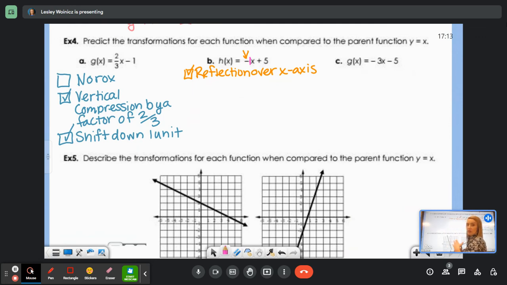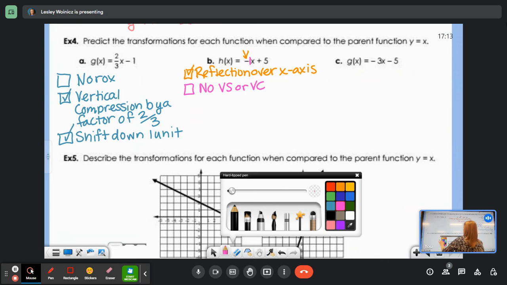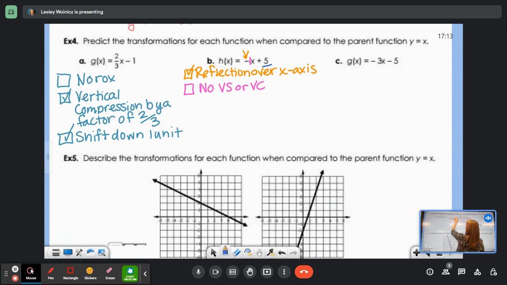So I don't have a stretch or compression. I only have that reflection in the multiplying. So I have no vertical stretch or vertical compression. Okay, the last thing I see is this +5. That means that I have a shift up 5 units.